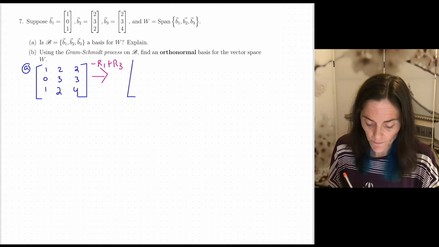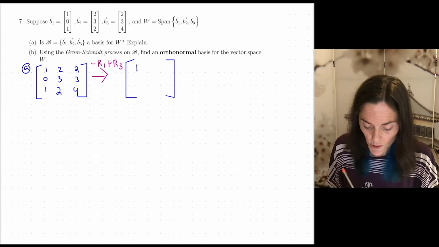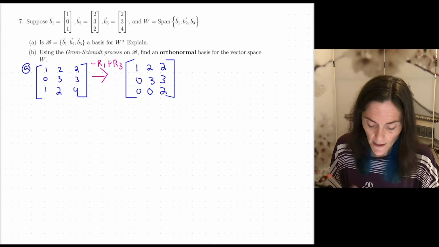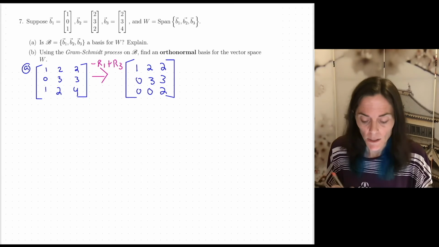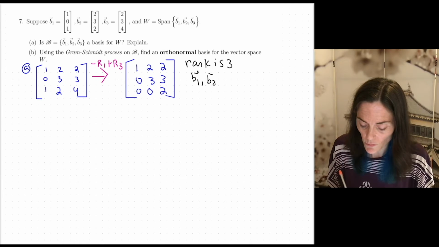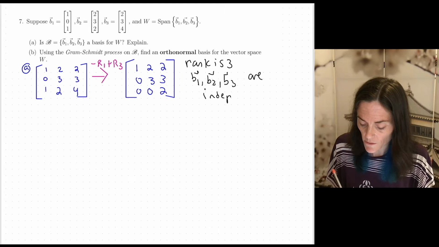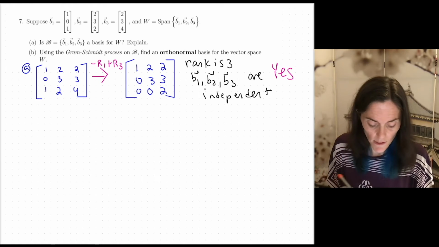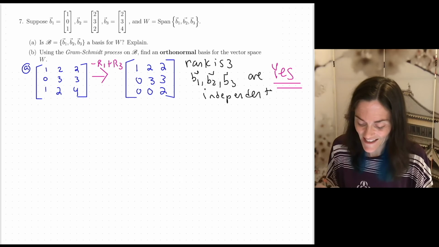And when we do, we have 1, 2, 2, 0, 3, 3, and then 0, 0, 2. This is in row echelon form. You notice the rank of this matrix is 3. And so vectors B1, B2, B3 are independent. Necessarily, they span W. And so the answer is yes. We have a basis. So the answer in 7A is yes.